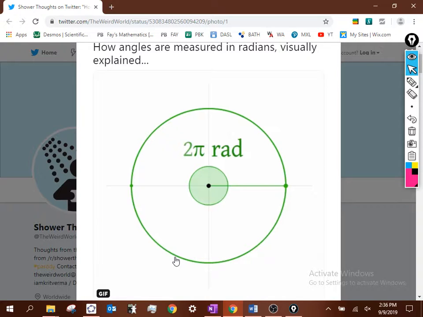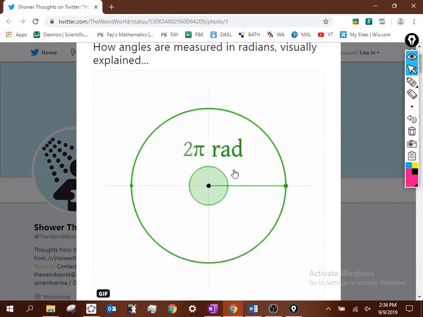What's that an equation for, or formula? 2 times 3.14 times my radius is equal to what for a circle? Circumference, right? So 2 pi r, or 2 pi times my radius, is the circumference of my circle.